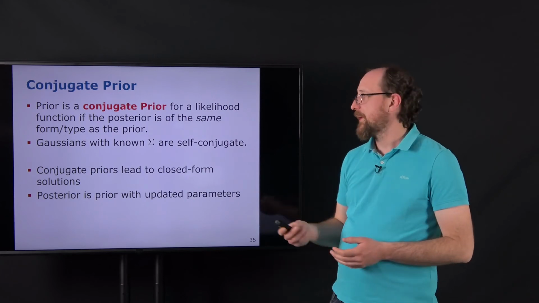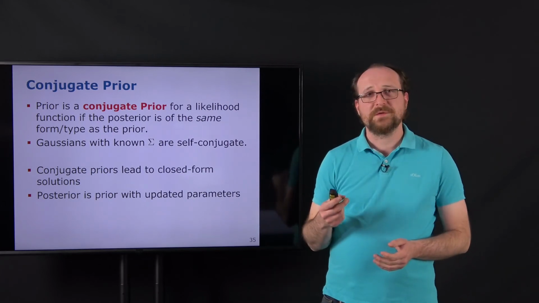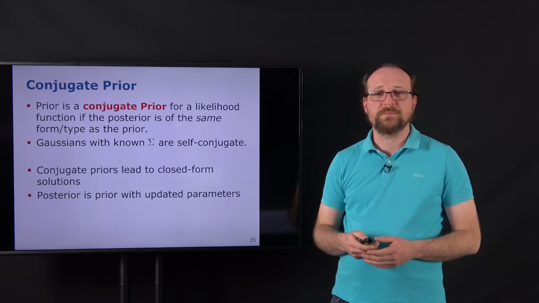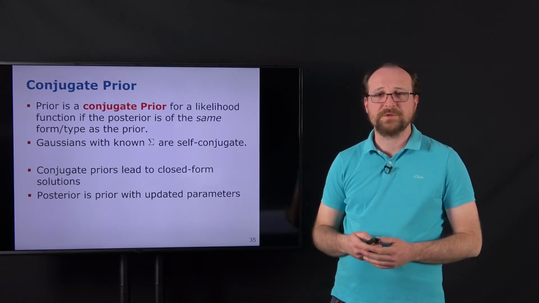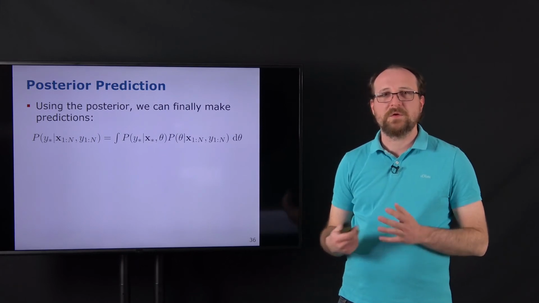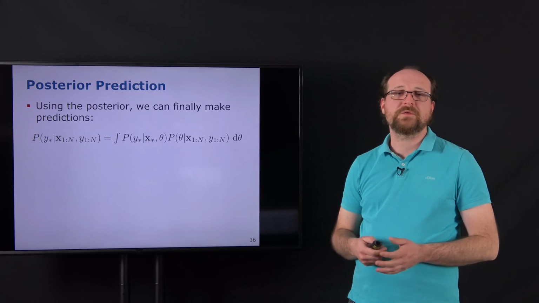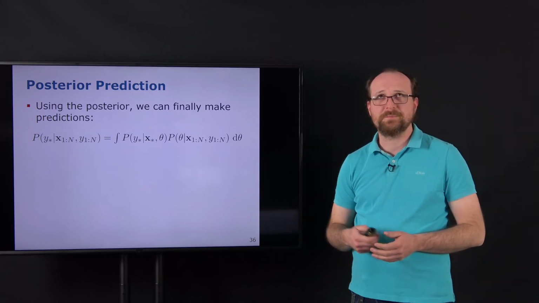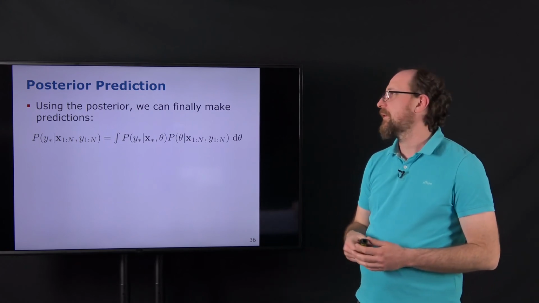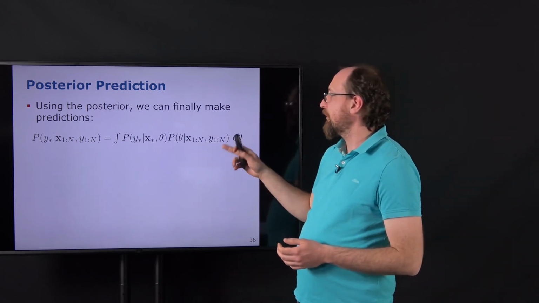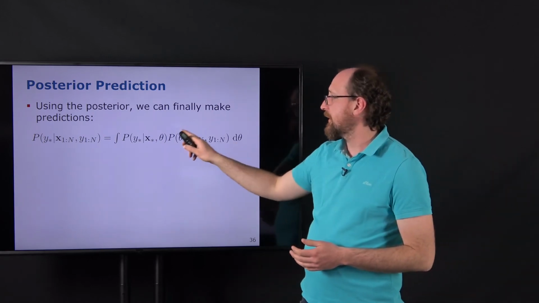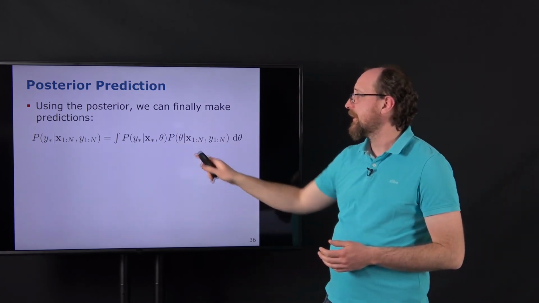So we change the mean and covariance of the prior, and then get an updated prior and posterior estimate. And then we can plug all these derivations also into the posterior predictions. Remember that for unseen data, we have to integrate over all possible parameter values and weight them via the posterior and the likelihood.